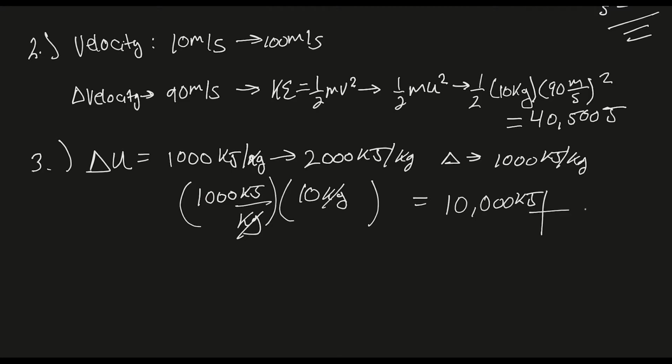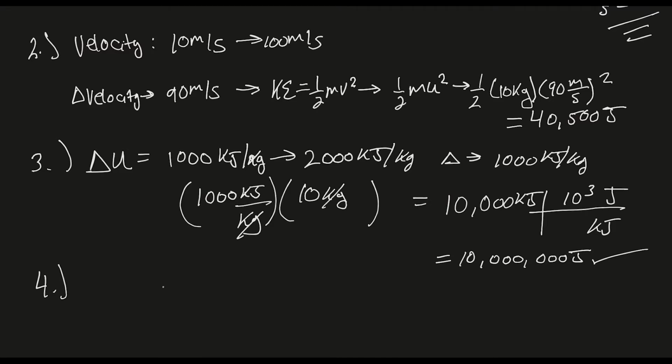Okay, but I want this to be in joules, so kilojoules at the bottom, joules at the top, 10 to the third. Great. And now we have 10 million joules.